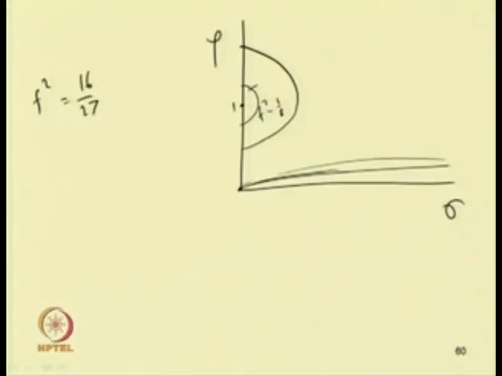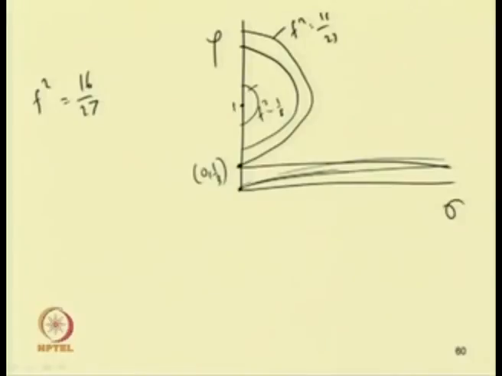When it is 16 by 27, these two branches will merge at this point, that is 0, 1/3. So, we will have a double point here, at f square equal to 16 by 27.